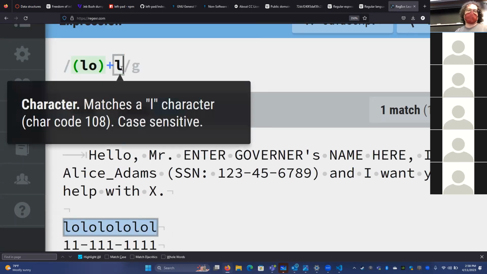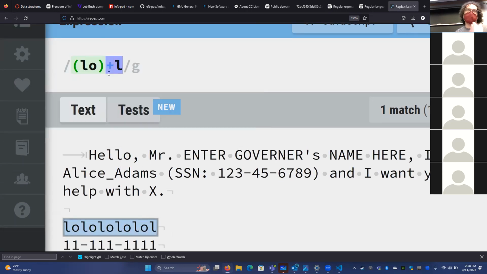Now, if we want to be more specific, say we only want something that's reasonable, not somebody's cat accidentally doing the copy-paste thing, then we can use the quantifier again. So here I want only 1 to 4.